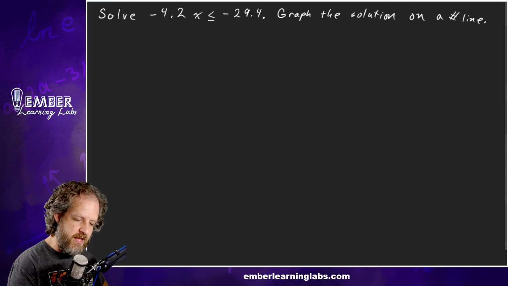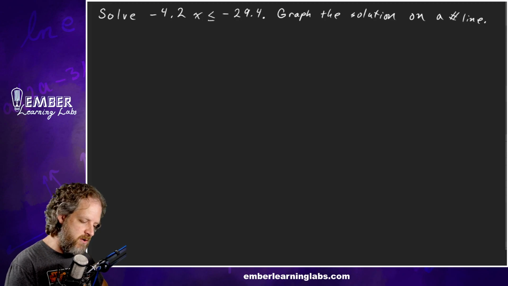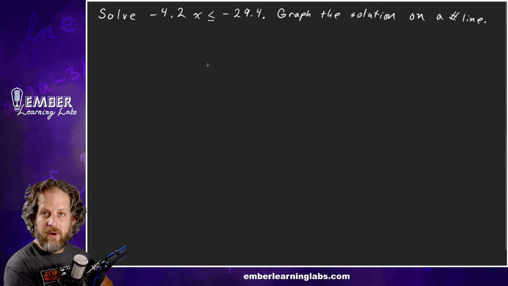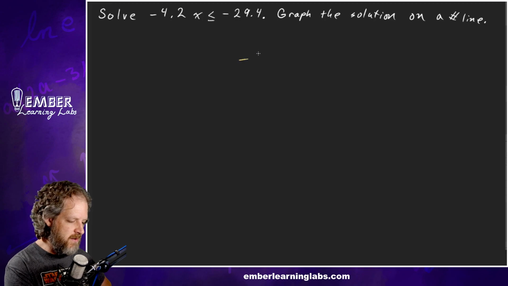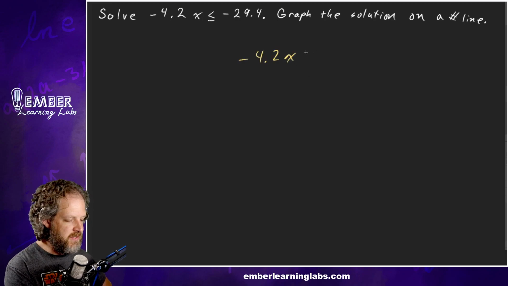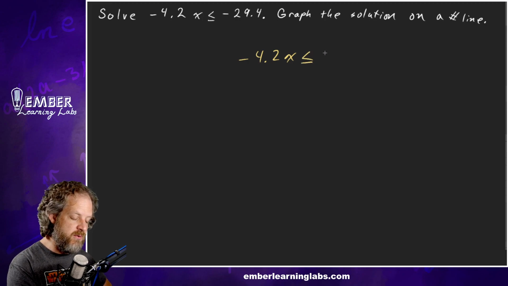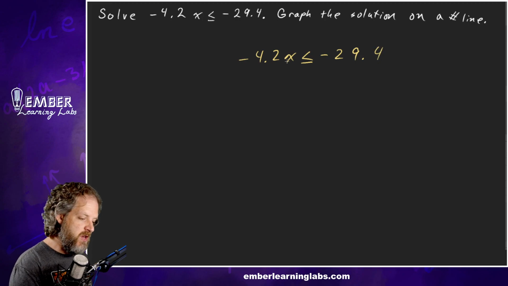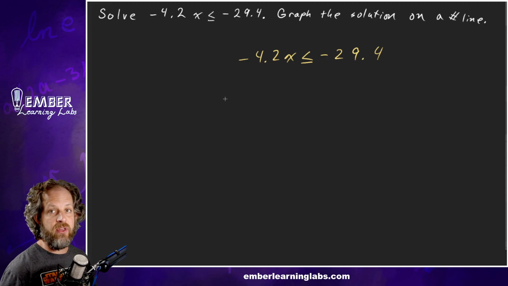All right, so we're going to hit this one the exact same way. We're going to rewrite the problem: negative 4.2 x is less than or equal to negative 29.4. We're going to look at what's attached to the x, and we're going to do the opposite to get rid of it.